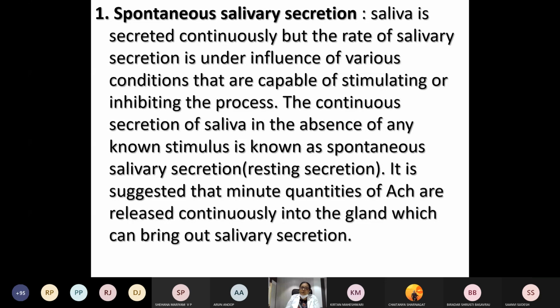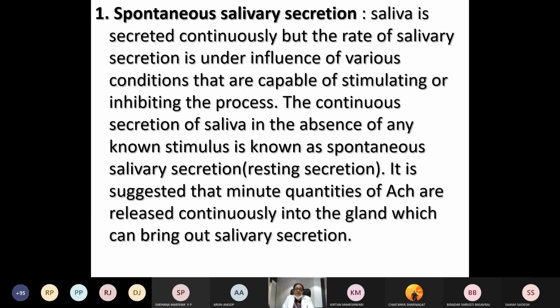The continuous secretion of saliva in the absence of any known stimulus is known as spontaneous salivary secretion or resting secretion.